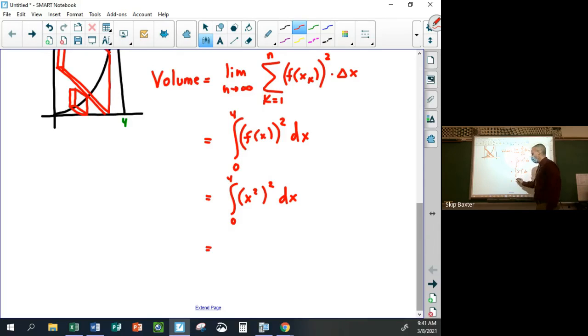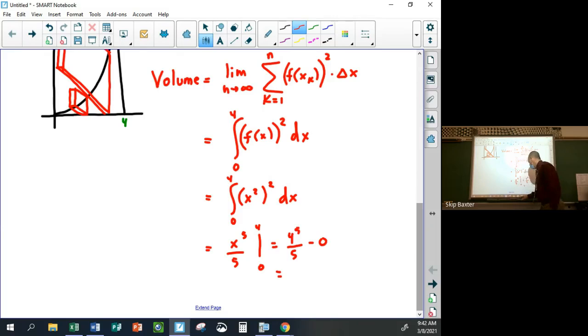So I'm going to do it in this one case, but I'm not going to do it every time, just to save a little bit of time. This is going to be x to the 5th over 5, from 0 to 4. Which is 4 to the 5th over 5 minus 0.